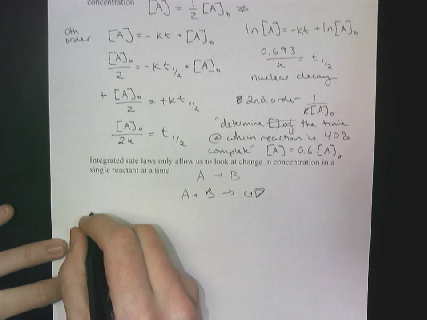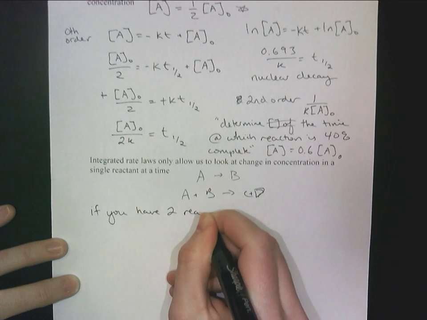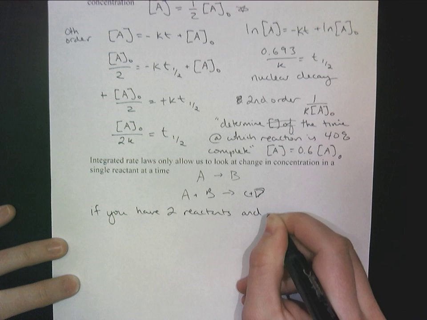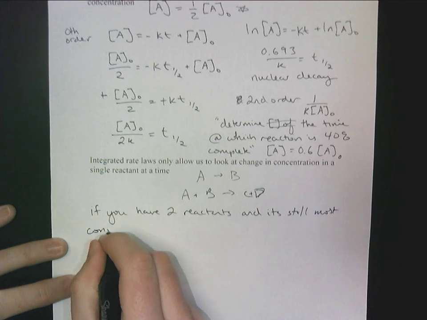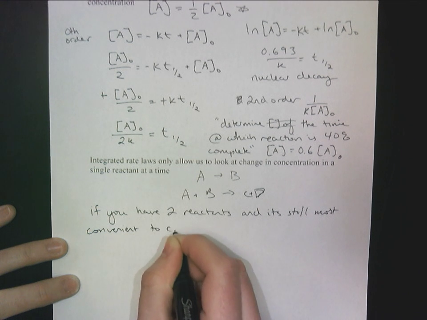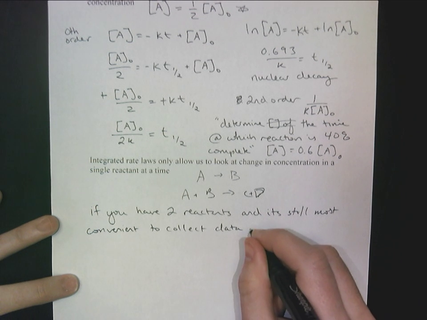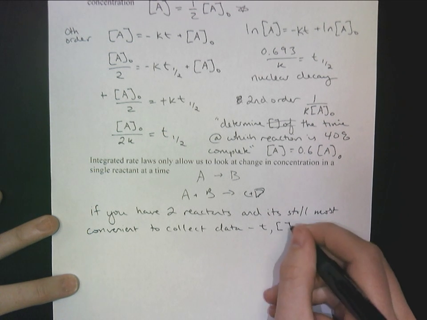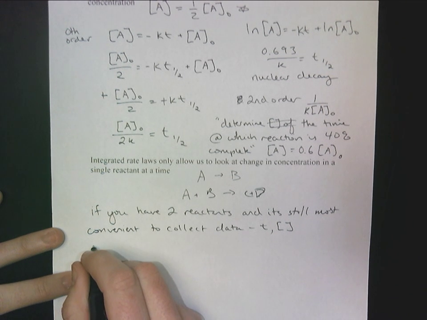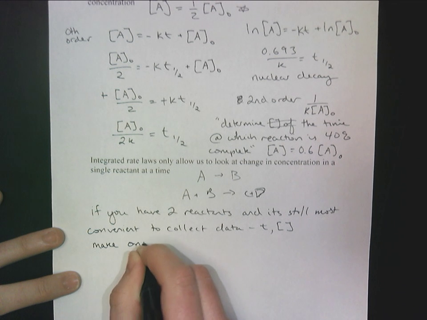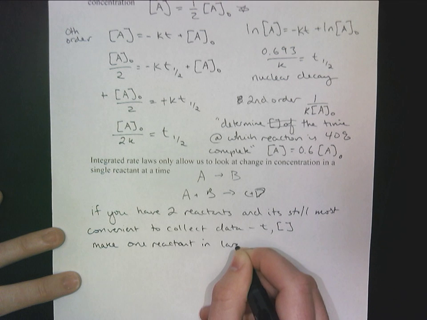So if you have two reactants, and it's still most convenient to collect data in the form of time and concentration, then what you're going to want to do is make one reactant in large excess.